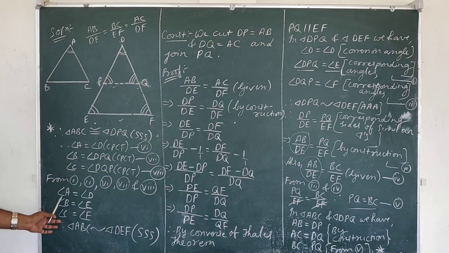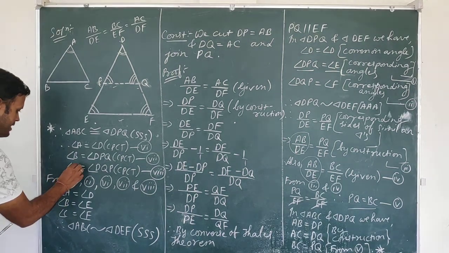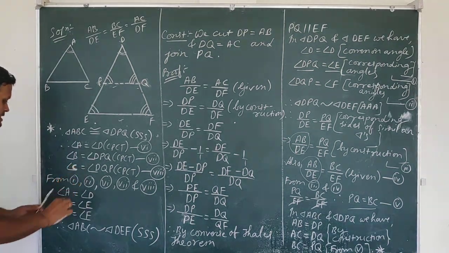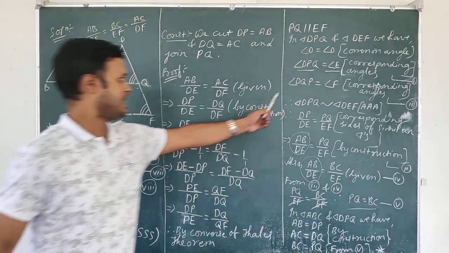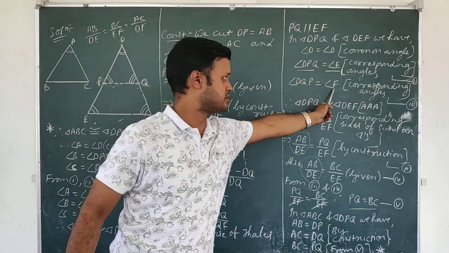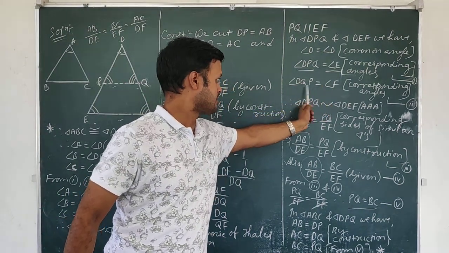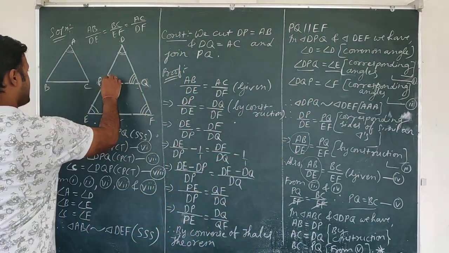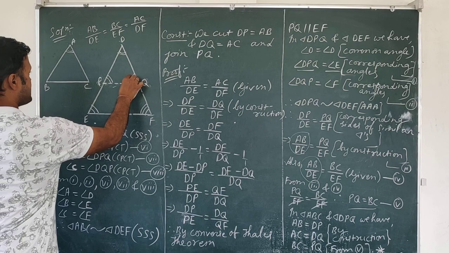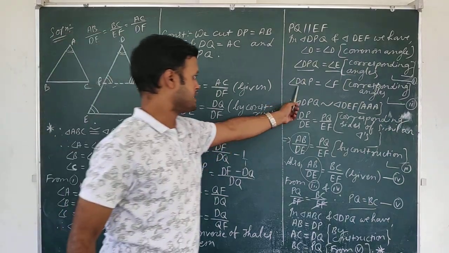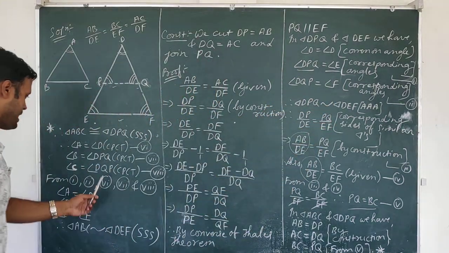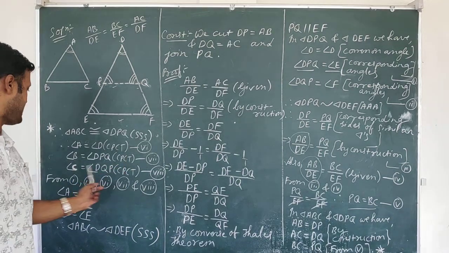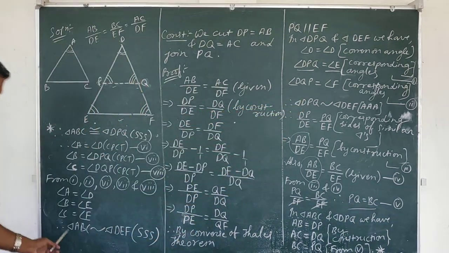Angle A is equal to angle D is already from number 6, isn't it? And angle C is equal to angle DQP, and in number 2, angle DQP is equal to angle F. So angle C is equal to angle F, isn't it?